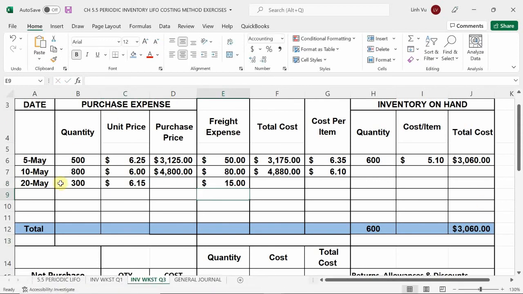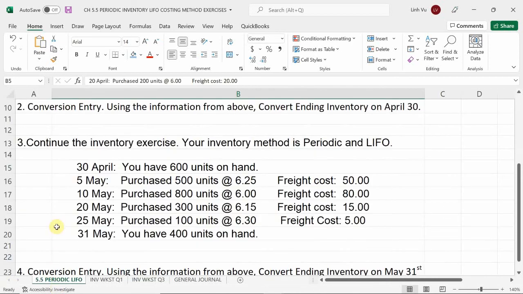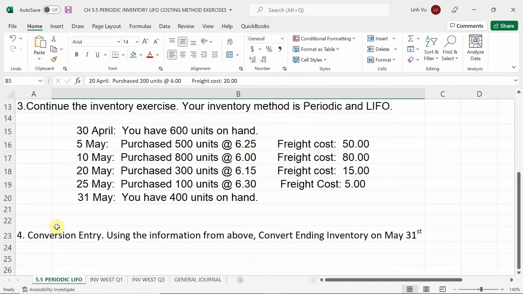In this case, what's my total purchase price here? 1,845, giving me a total cost of 1,860, which will give me a cost per item of $6.20. Last purchase is going to be on May 25th.